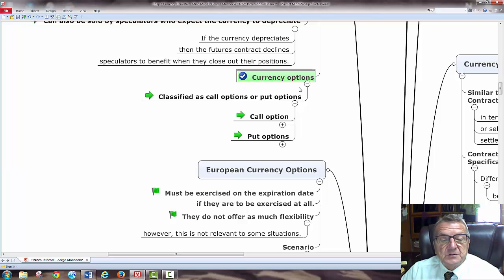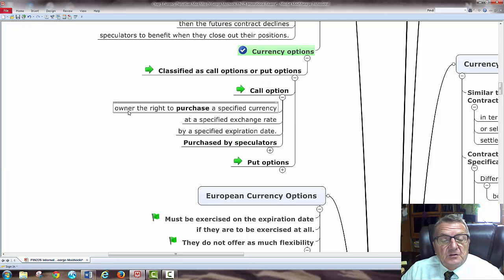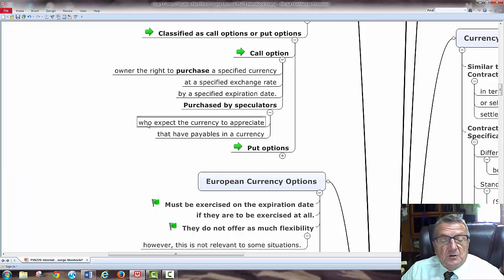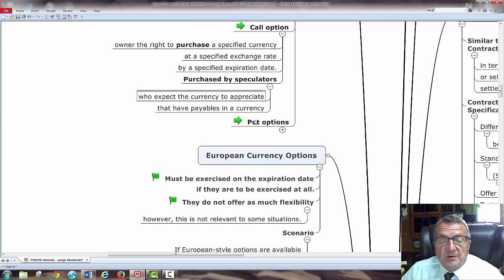Okay, currency options are classified as call options or put options. A call option gives the owner the right to purchase a specific currency at a specific exchange rate by a specific expiration date. It is purchased by speculators who expect the currency to appreciate, or by firms that have payables in a currency.